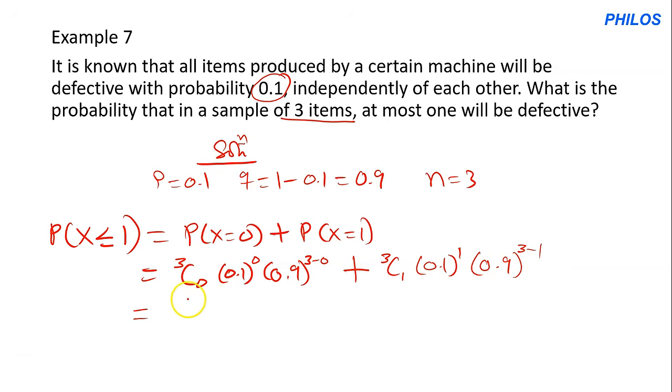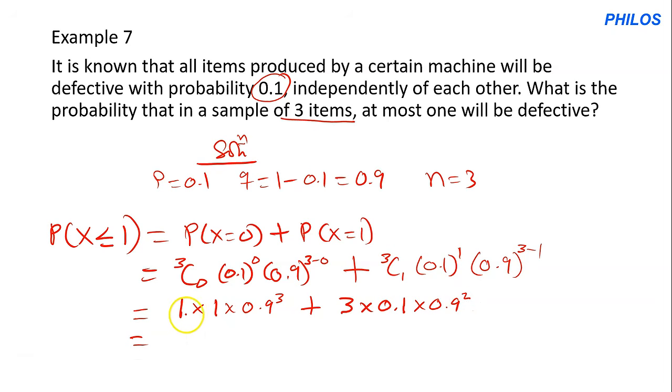So 3 combination 0 will give you 1, times 0.1 exponent 0 is also 1, times 0.9 exponent 3 minus 0 is 3, okay, plus, now 3 combination 1 will give you 3, times 0.1 exponent 1 will give you 0.1, okay, times 0.9 exponent 3 minus 1 is 2, okay.